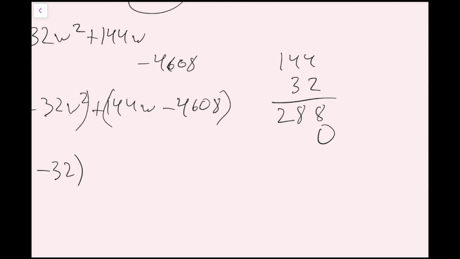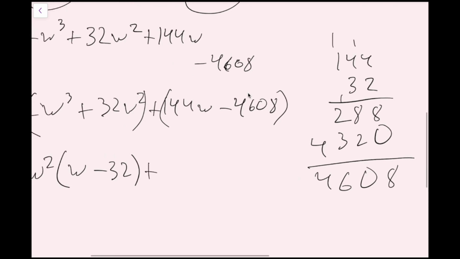Bring down my 0, I get 12, and then I get 13, and then I get 4, because 3 times 1 plus 1 is 4. If I add these, I get 8, I get a 6, and it turns out that we were correct. 144 times 32 does equal 4,608, which means I can factor out a 144 from both of these terms. So I'm going to rewrite this as plus 144, and then times W minus 32.